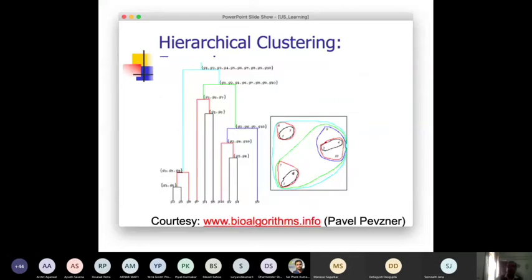If I take any level and draw a horizontal line, then it tells me what the groups are. So this is one group, this is another group, this is another group, this is another group, this is another group. So it gives you the number of groups and a picture of what kind of clustering is there.